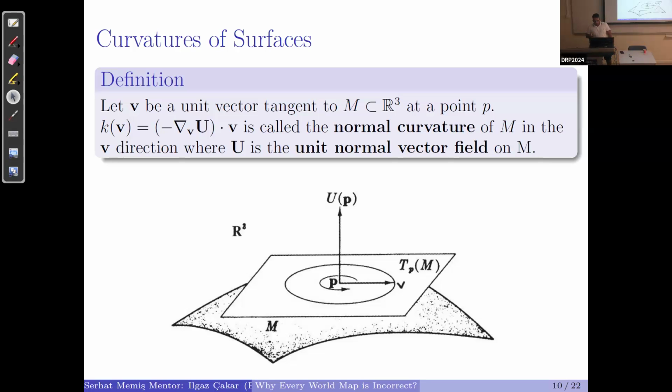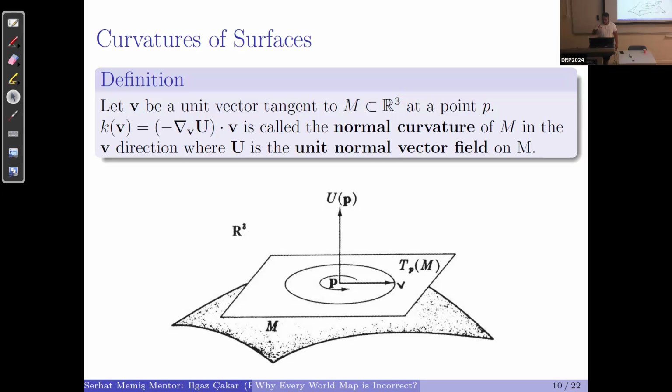So U is a unit normal vector field. The covariant derivative of U with respect to V, dot product V, is our normal curvature. It gives us the bending of a surface, simply. Why do we call it normal? Because we use normal vectors. So the change in U will give us a change in the tangent plane.